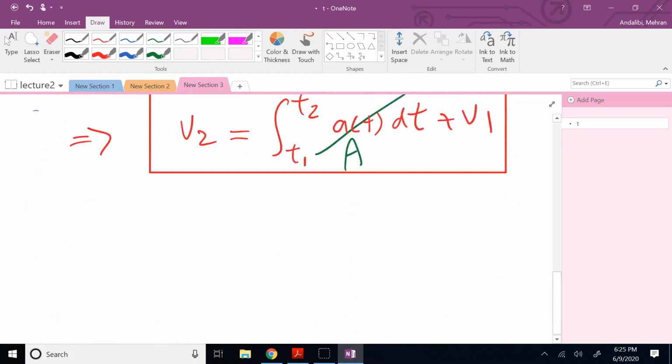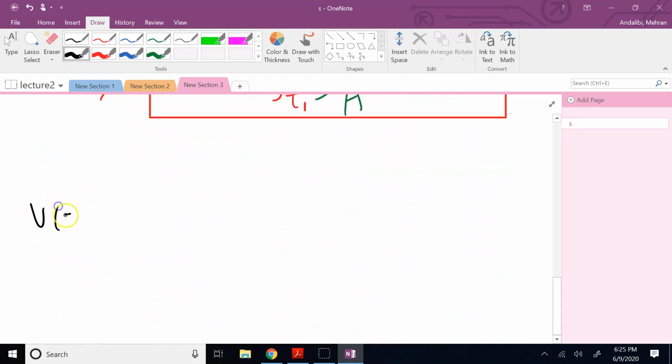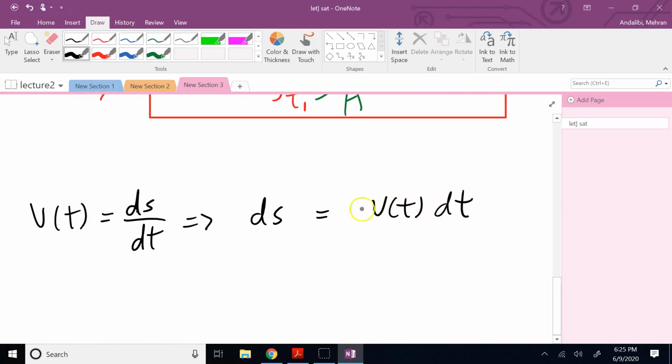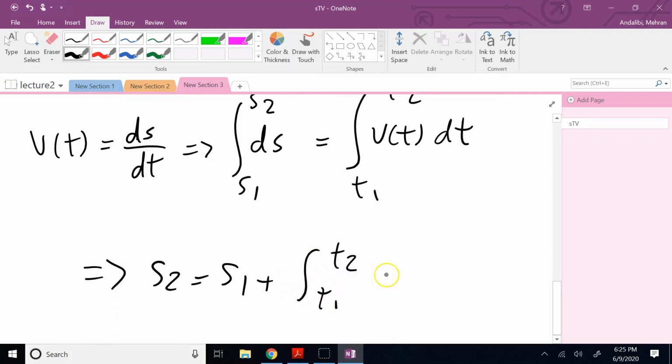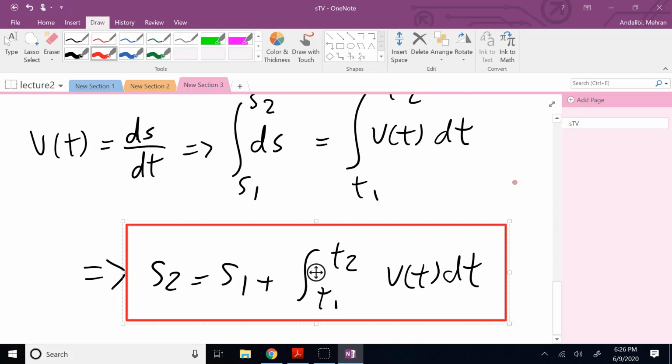So similarly, I can easily show you that since v of t is ds over dt, if I cross multiply, and then I integrate, this is from t1 to t2, and this is from s1 to s2, and solve for it, you're going to see that s2 is going to be s1 plus the integral from t1 to t2 of v of t dt. So if v is given to me as a function of time and some initial position, I can find another position at any other point, okay?